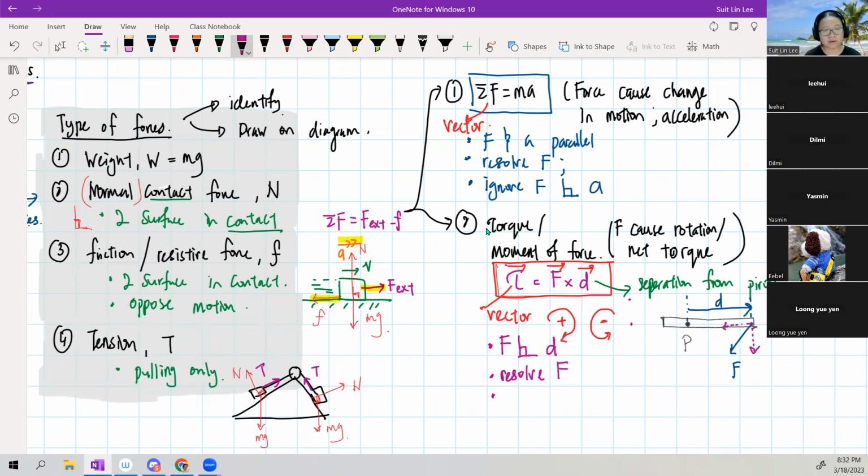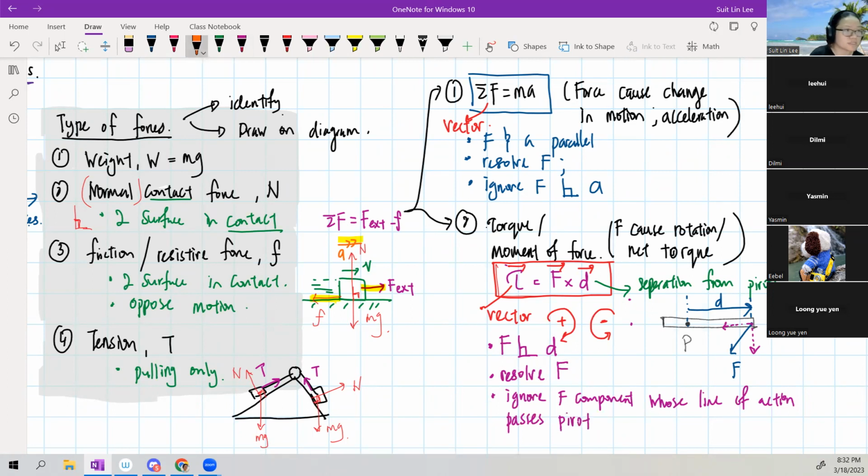And here we're going to ignore the force component whose line of action passes through the pivot.